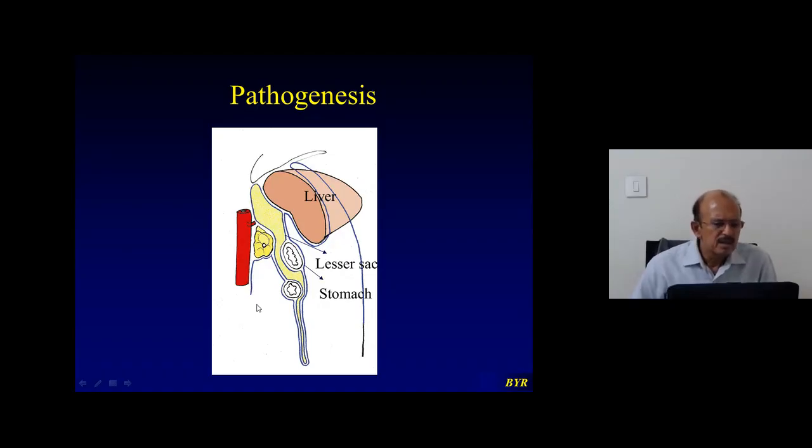To the right of the lesser sac, there is an opening. Yes, that is the foramen of Winslow, through which it communicates with the greater sac. What is the boundary on the left side? The boundary on the left side is the spleen.